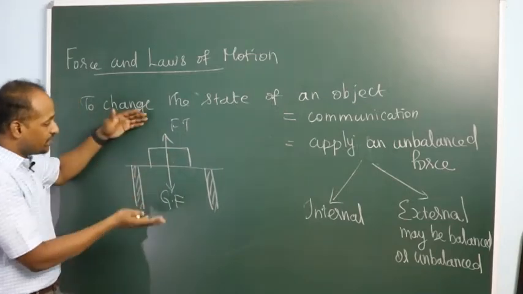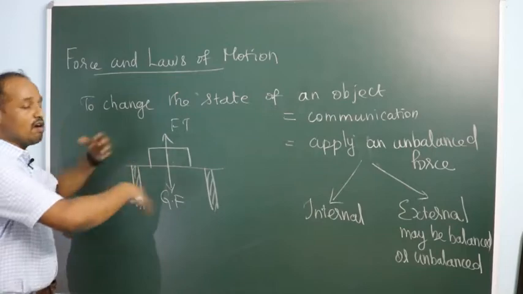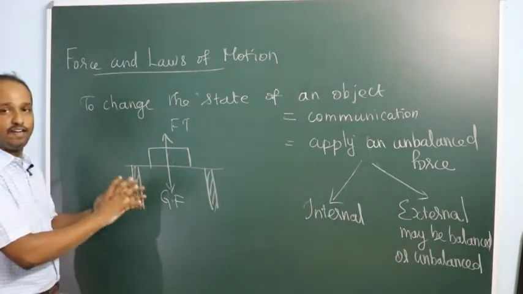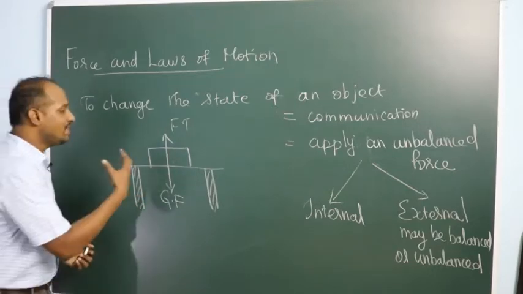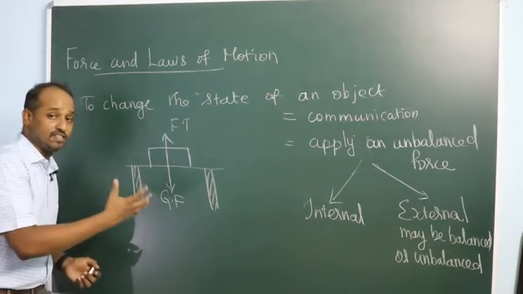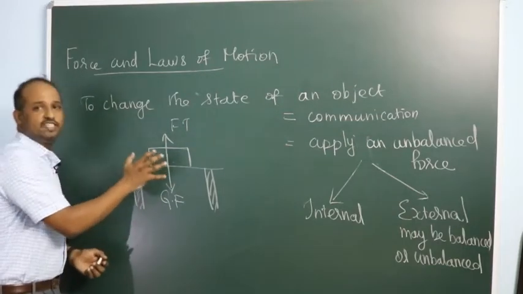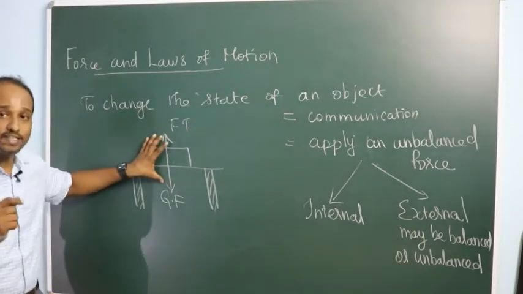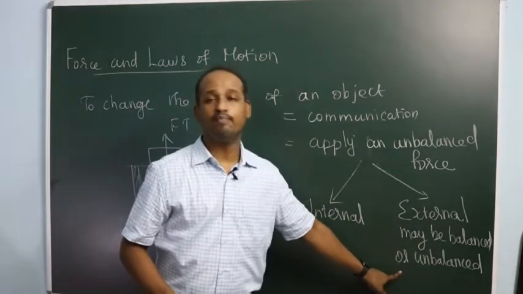Here a set of two external forces is acting on an object, because these two forces are not arising from inside the object. These two forces are acting from outside the object, that's why they are called external forces. These external forces are not bringing about the change in state here because the forces are balanced. So a set of external forces may or may not be balanced.